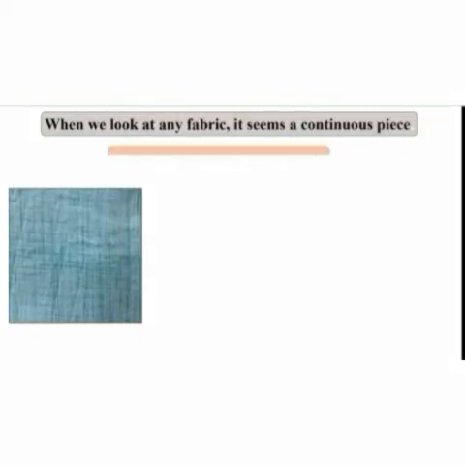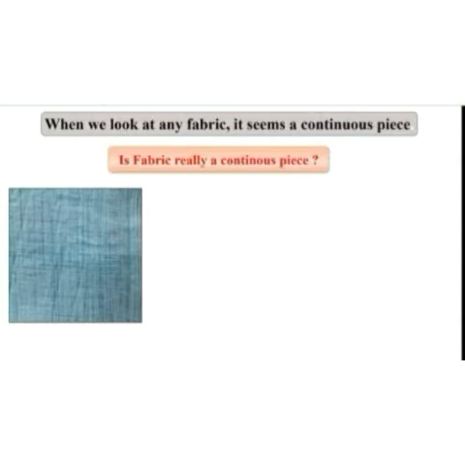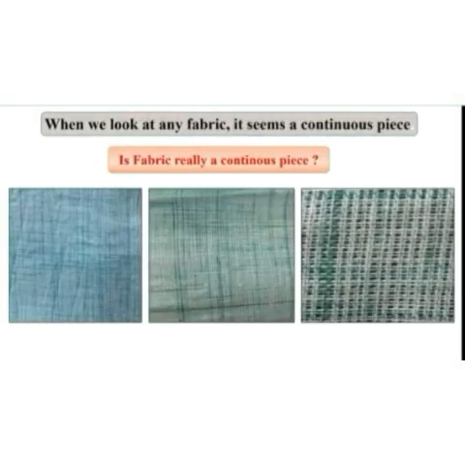So students, whenever we look at any fabric, it seems like a continuous piece, isn't it? But students, is fabric really a continuous piece? This question always arises in our mind. So for this, I want you to take a closer look at any fabric piece in your home. For even more understanding, students, try taking pictures of a fabric piece by zooming your camera.